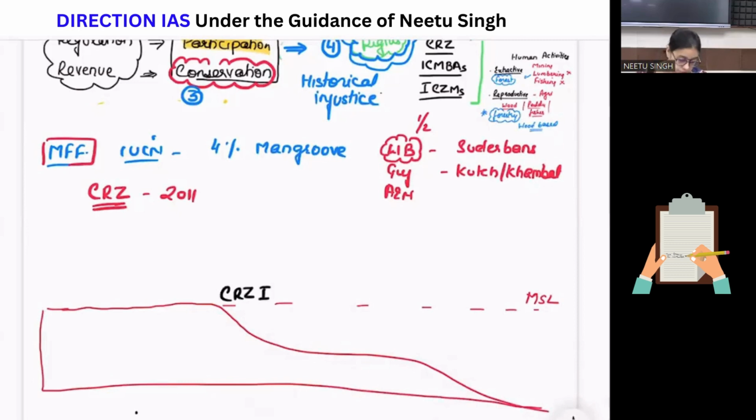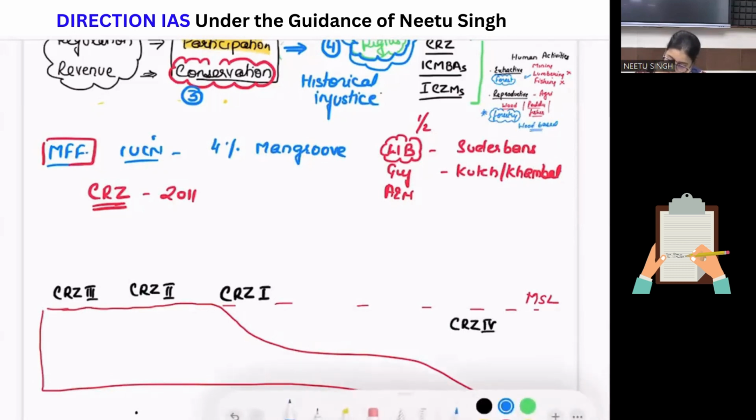CRZ1, CRZ2, CRZ3, and I'll write it purposefully here, CRZ4. Okay? And now demarcating them.